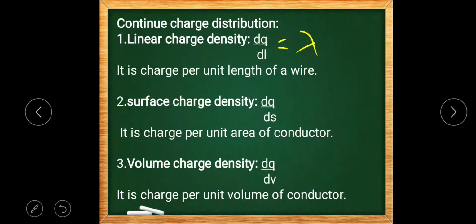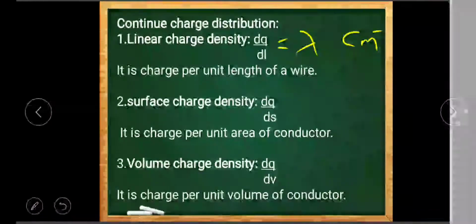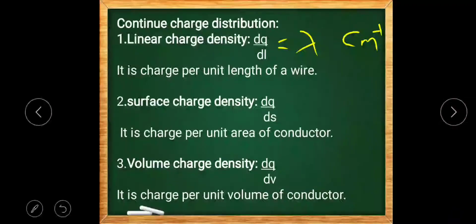Linear charge density lambda equal to dq by dl. dq by dl means it is the charge per unit length of a wire, and its unit is coulomb per meter. dq is measured in coulomb and dl is measured in meter, so the unit is coulomb per meter.